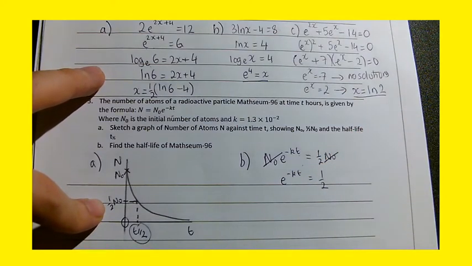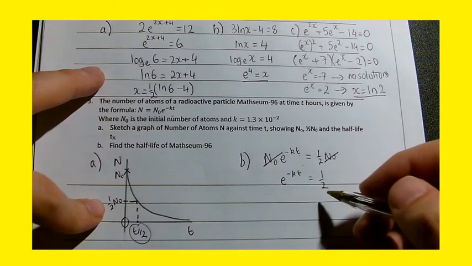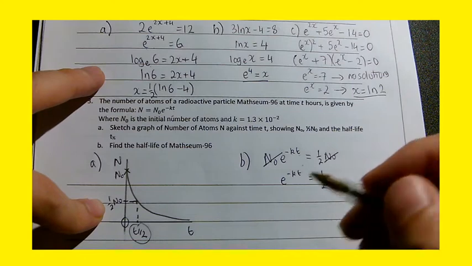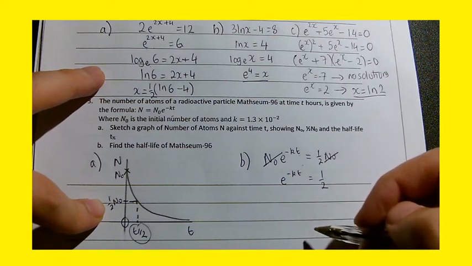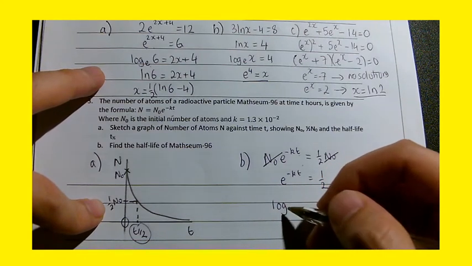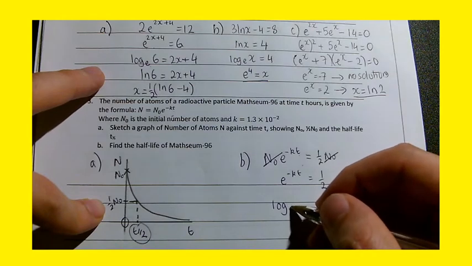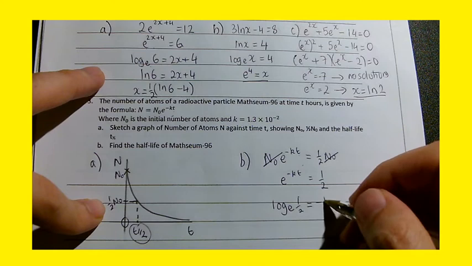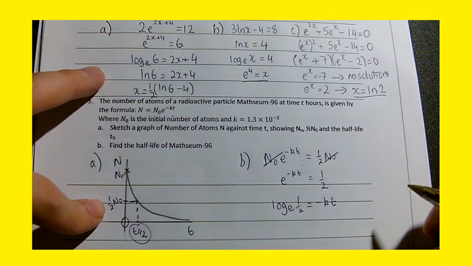Remember, I want the half-life, which is the time value, so I want t on its own. How do I do that? I can either ln both sides, or as you've seen before, you drop e as the base, have a half there, swap the half and have the minus kt there.